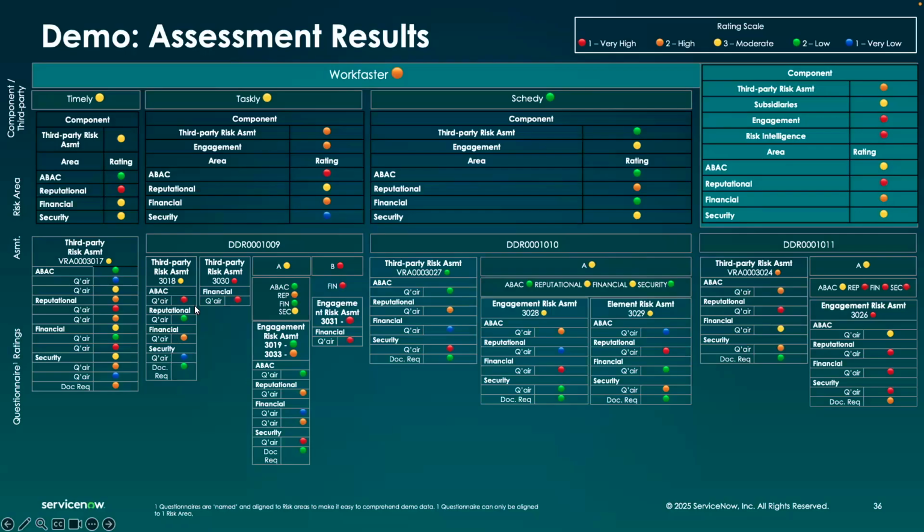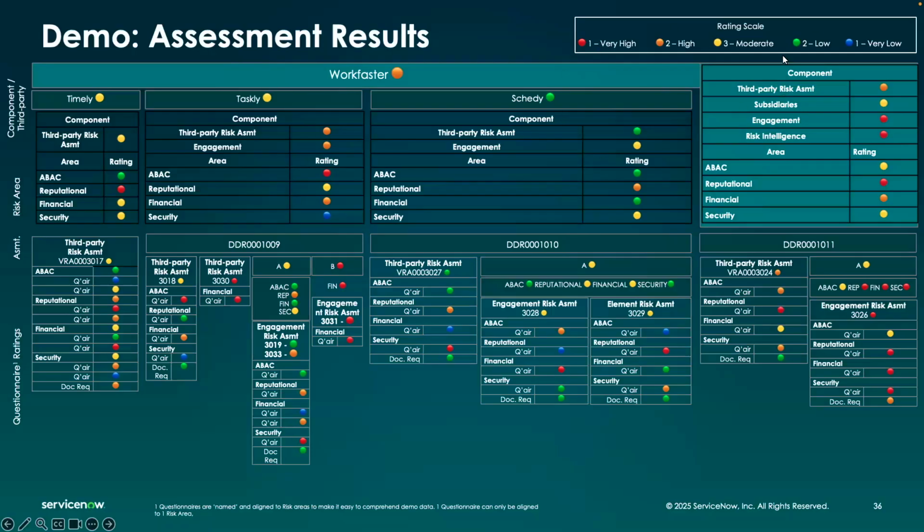So Taskly has two assessments and two engagements, and engagement A has engagement risk assessment, and engagement B also has an engagement risk assessment. So the only component in the engagements under Taskly is engagement risk assessment. This is for the engagements, right?